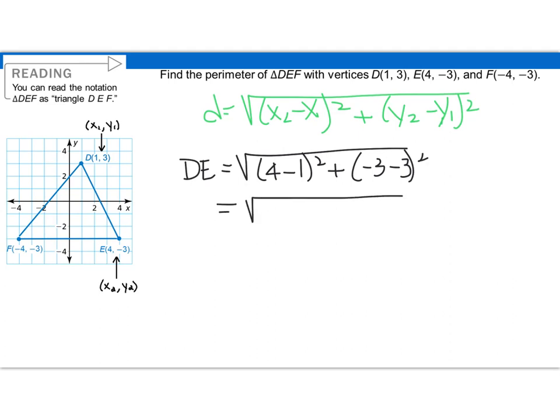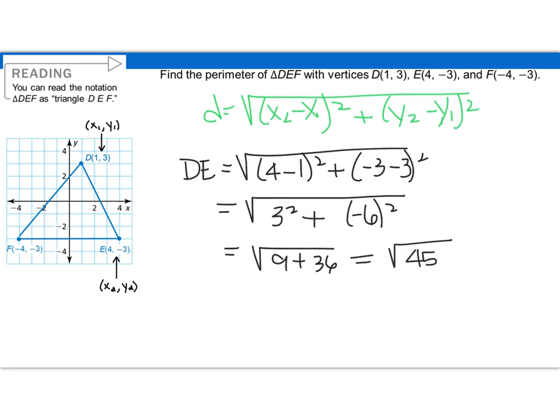So when I simplify all this, 4 minus 1 will give me 3 squared, and then -3 minus 3 is really a -6, and I'm going to square that. 3 squared is 9. A -6 squared will give me a positive 36. And when I add those two together, I really get the square root of 45. And if you want to punch it in your calculator, you can see that that's about 6.71. So for now, I'm just going to write that DE is the square root of 45.